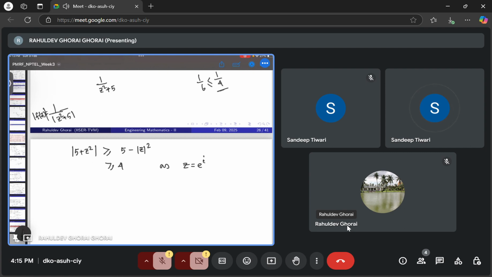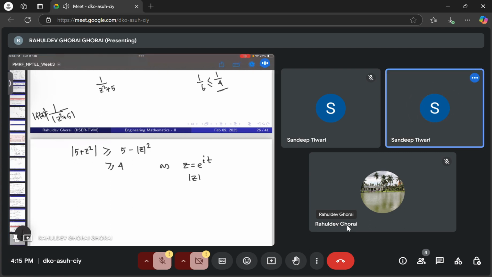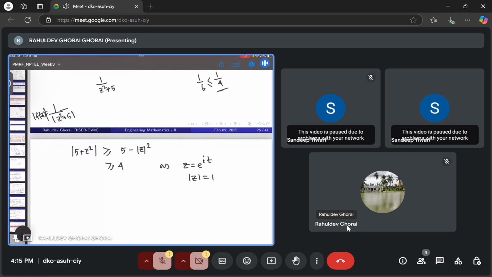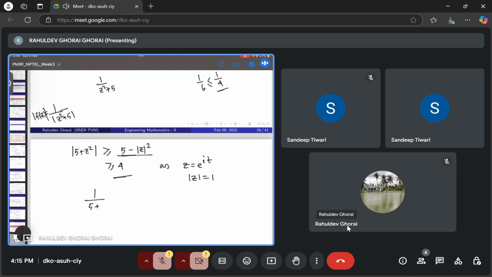Yes, sir. So the modulus of z will be 1. So it is always positive, which is equal to 5 minus 1. 5 is bigger, so that is why I wrote modulus of 5 minus mod z square. So that is greater than or equal to 4. Then you can write that the modulus of 1 over 5 plus z square is less than or equal to 1 over 4.